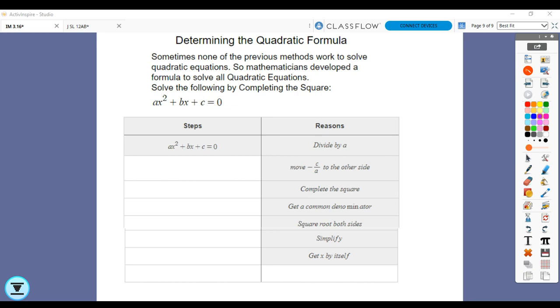All right, so I have to deal with this in its own little way. x squared plus b over a x plus.